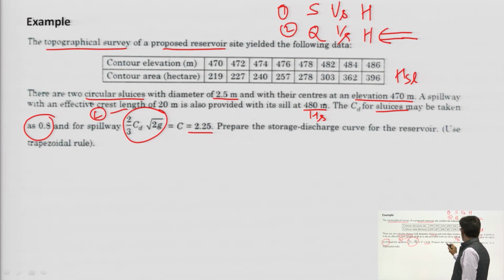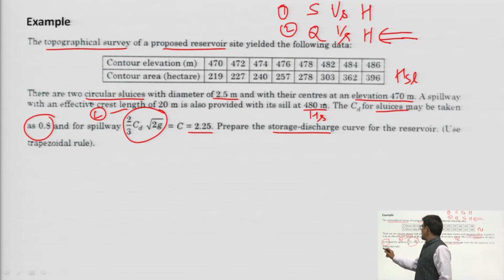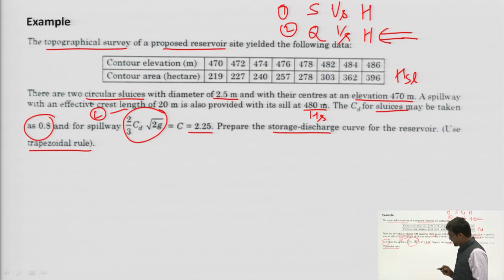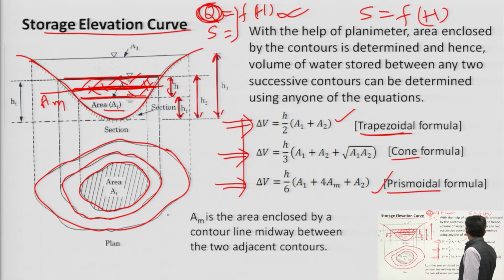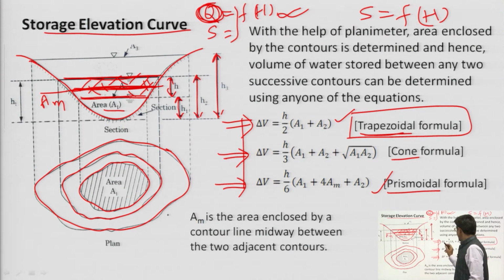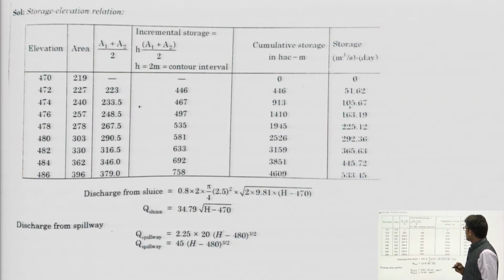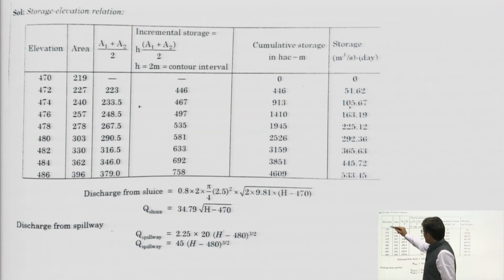So, prepare the storage discharge curve for the reservoir using the trapezoidal rule. We need to follow this equation, delta V equals H by 2 times A1 plus A2. So, we need to make a table depending upon the elevation.